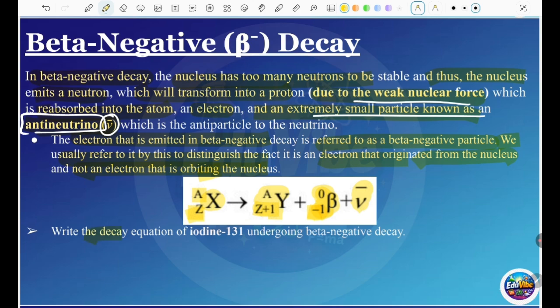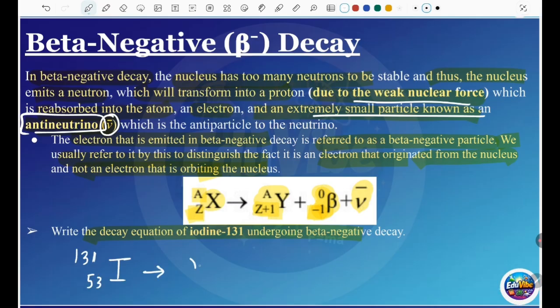So we have to write the decay equation for iodine 131 undergoing beta negative decay. We do the same thing as in the alpha decay. So we have 131, and the atomic number is 53.